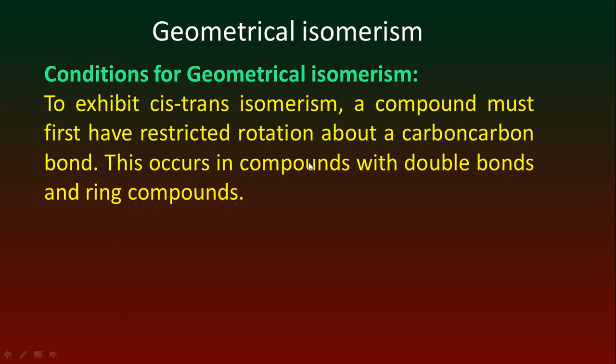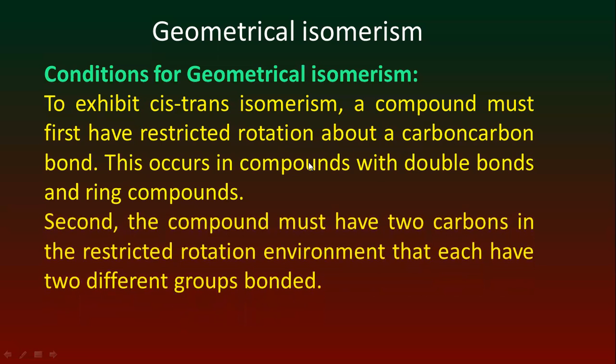Elaborately speaking, to exhibit cis-trans or geometrical isomerism, a compound must have restricted rotation about the carbon-carbon bond. This is the first criterion to show geometrical isomerism.